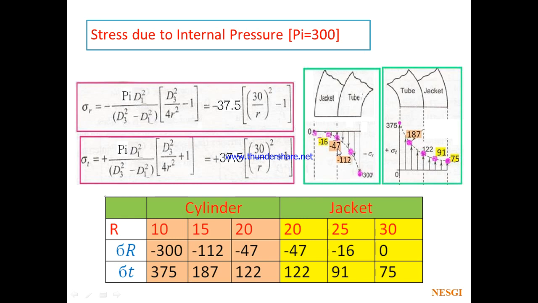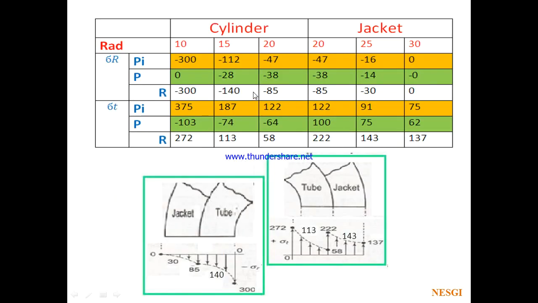So this is the radial stress. It varies from minus 300 to 0, and this is the tangential stress, which varies from 375 to 75. Ultimately we make an addition of both.